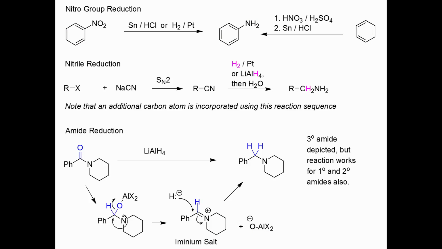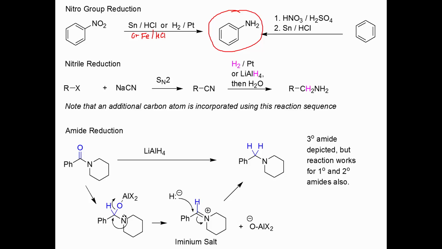So the product of nitration, nitrobenzene, could be treated with tin HCl or iron HCl as a reducing agent, and in many cases you can also get away with catalytic hydrogenation, and this will produce the free amine after you do the necessary pH adjustment.